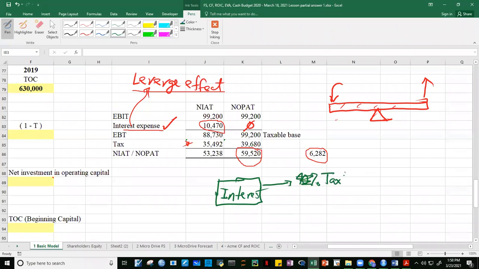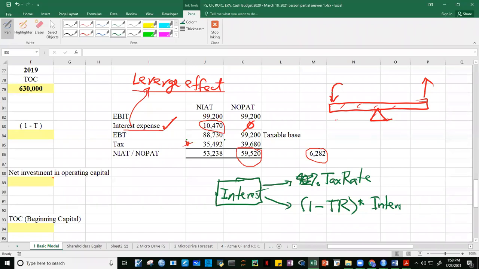Whatever the tax rate is. Okay? So ang magiging net difference between NIAT and NOPAT is just 1 minus the tax rate, okay, multiplied by your interest. Multiplied by the interest expense.